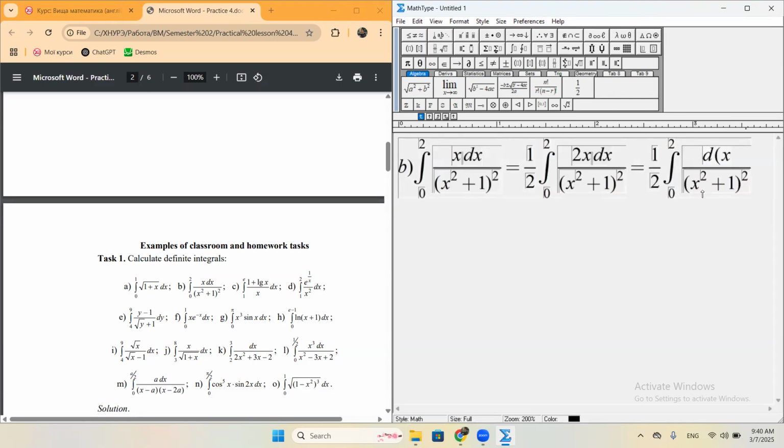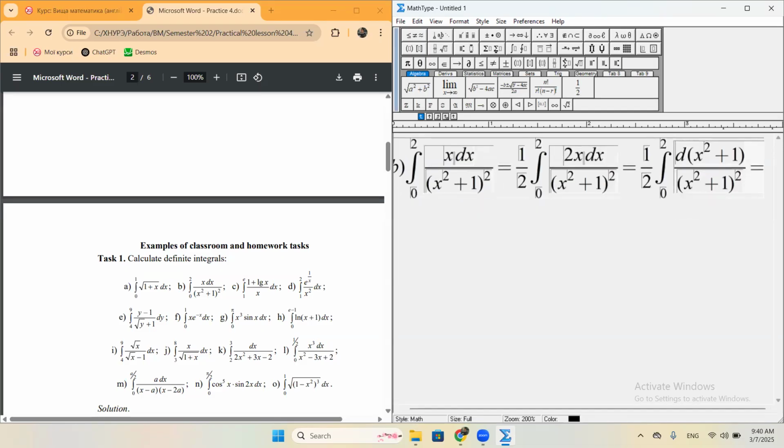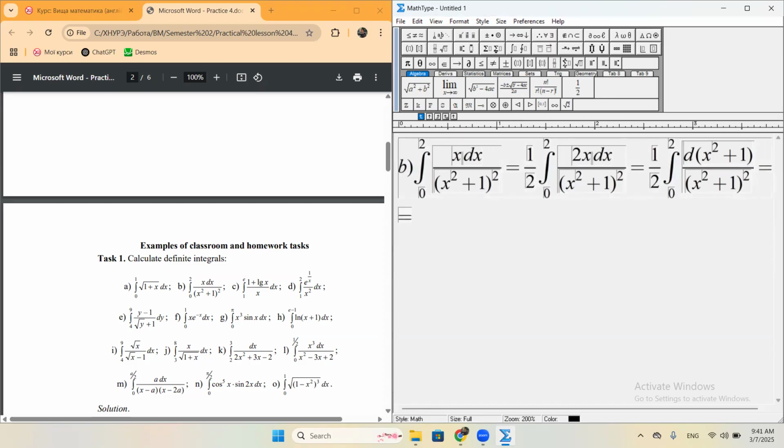So d of x squared plus 1. And now we will integrate. So minus 1 over 2, and the antiderivative is the following: 1 over x squared plus 1, with substitutions from 0 to 2.